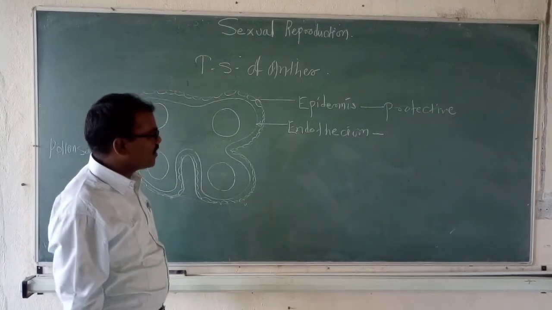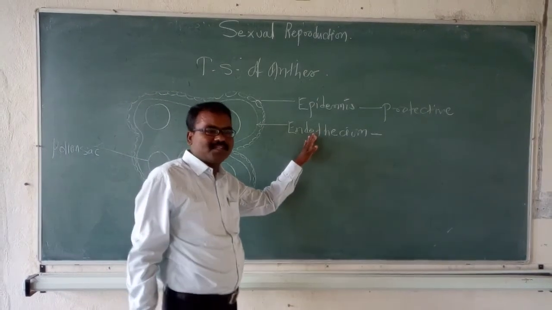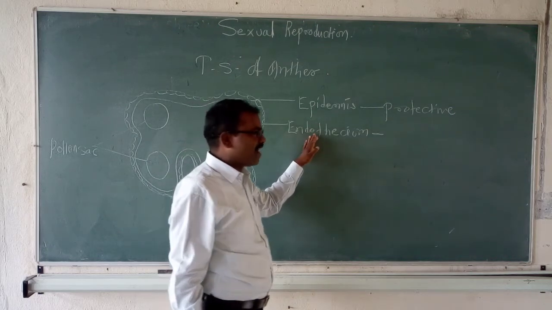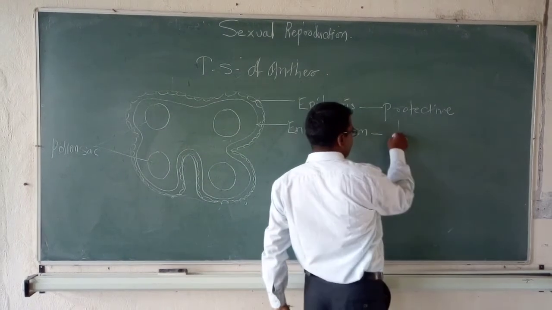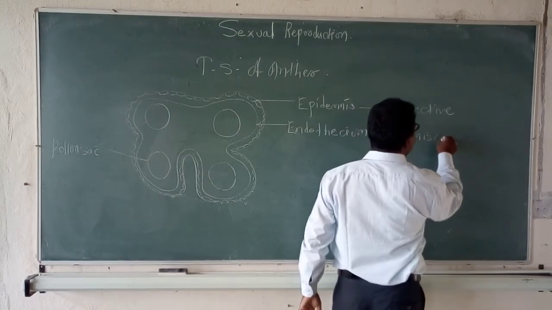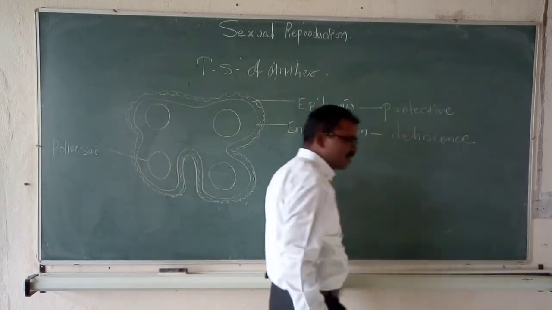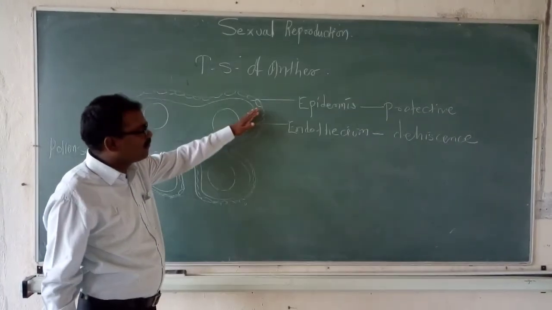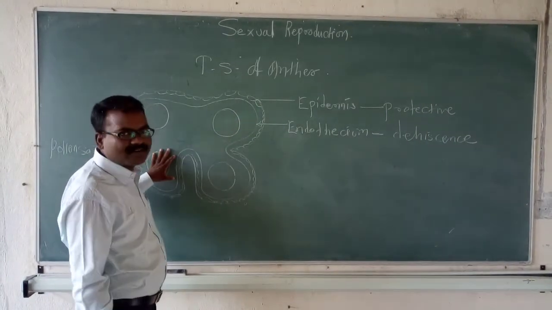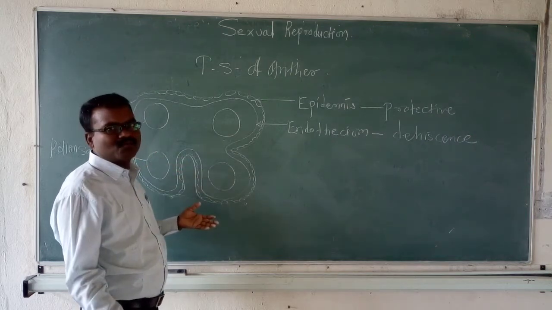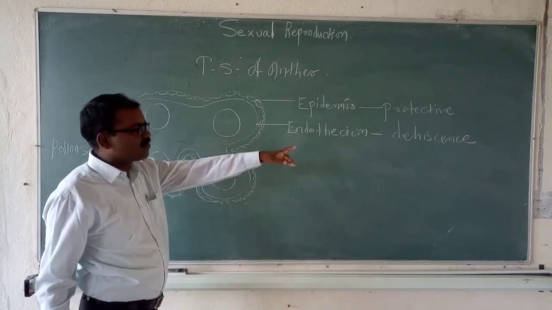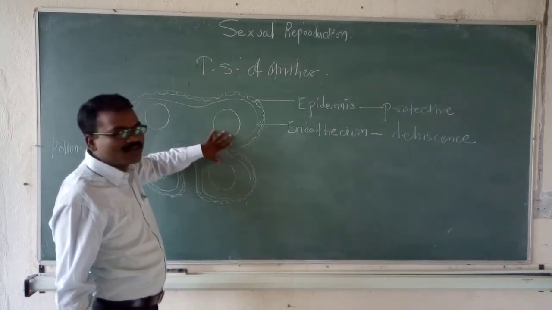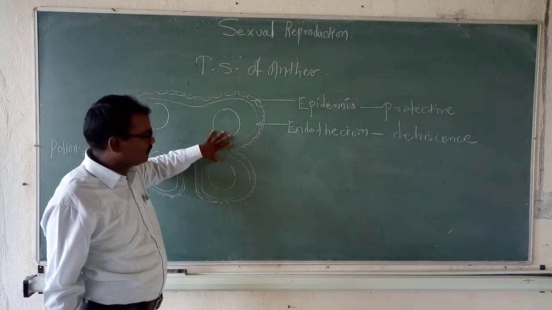What is the function of the endothecium? It is hygroscopic in nature and hence useful in dehiscence of the anther. What is dehiscence? Rupturing of the anther wall and release of microspores or pollen grains is called dehiscence. It takes place after the maturity of the anther.